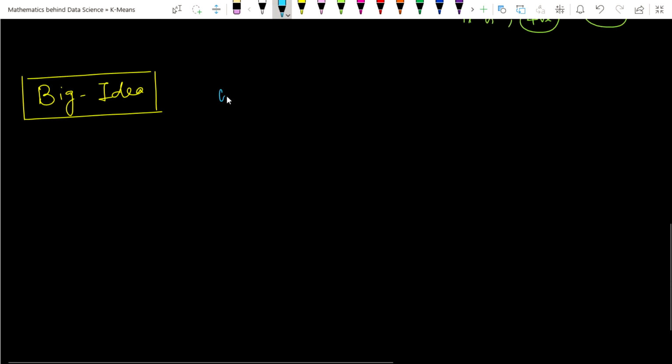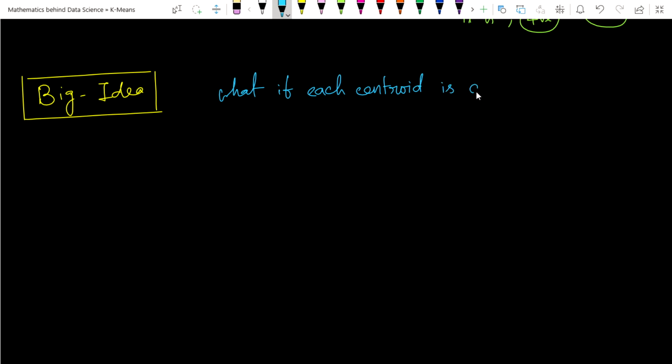Instead of using the mean, what if our centroid is a data point? Means, if the centroid lies on the data set, what if these things are happening?